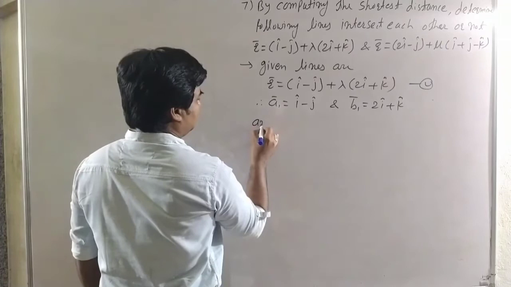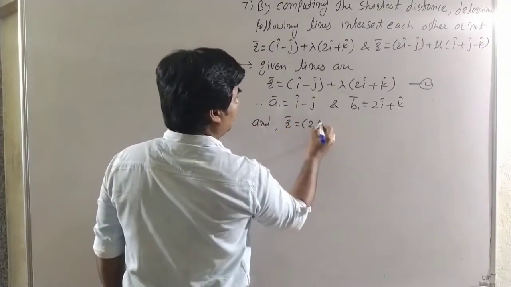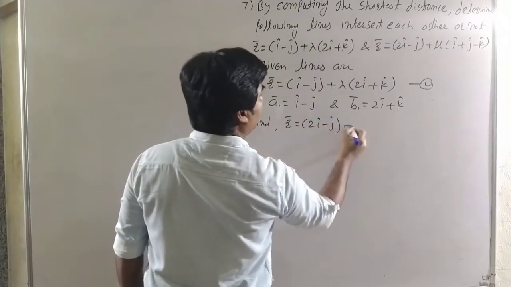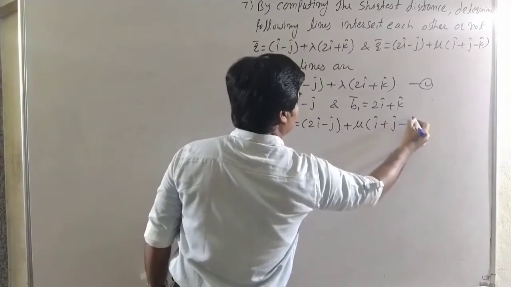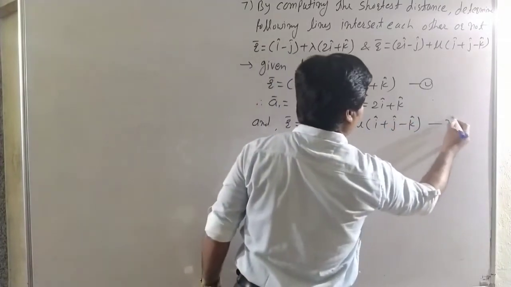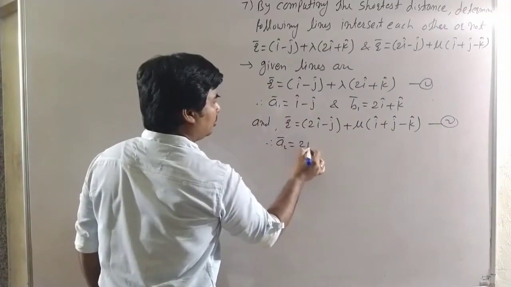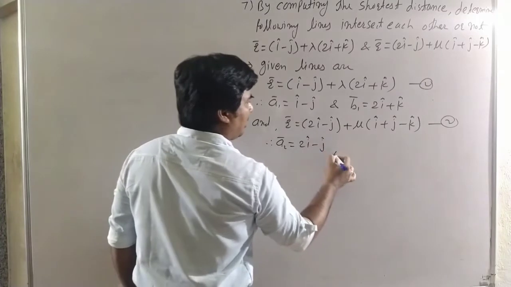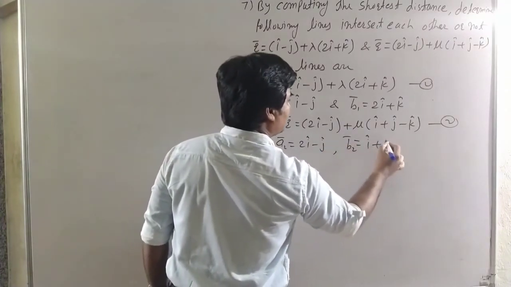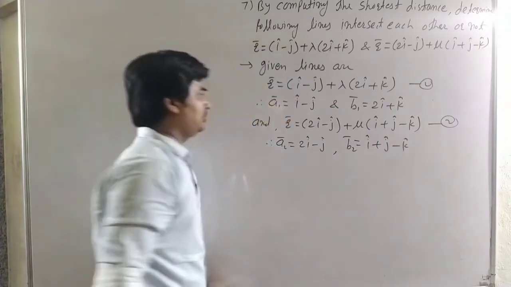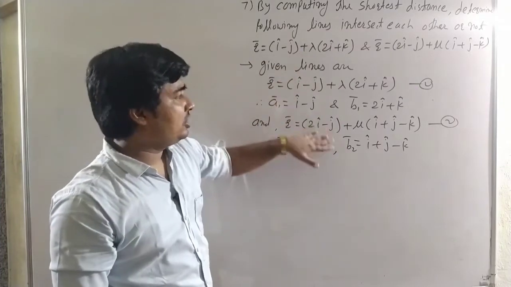The second line is r bar equals 2i cap minus j cap plus mu into i cap plus j cap minus k cap. Therefore this line passes through the point 2i cap minus j cap and is parallel to the vector i cap plus j cap minus k cap. Now the shortest distance between them.